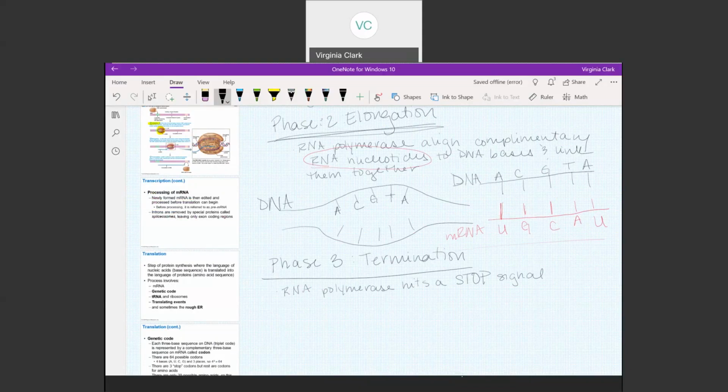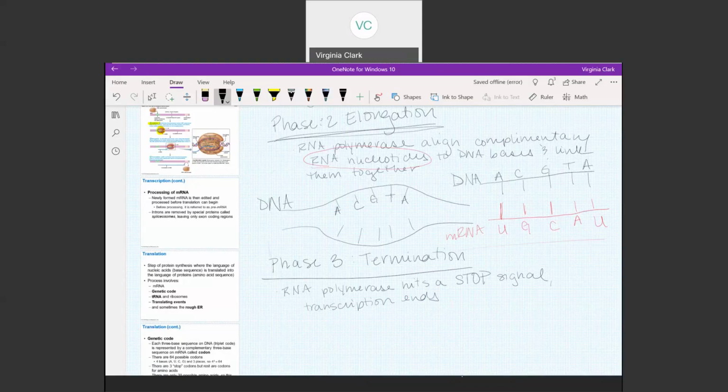And when it hits the stop signal, transcription will end. What a stop signal is, we're going to talk about when we get to the next step. But your actual code of DNA can code for particular messages. Stop is one of them. So when it actually gets to one of them, it will actually stop.